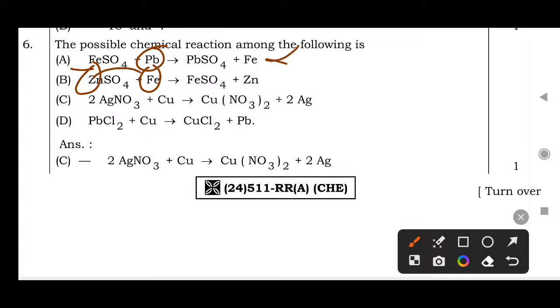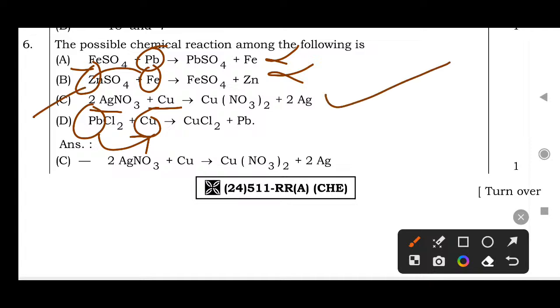That's why it's also not possible. Then if we take lead, it is less reactive than copper. That's why displacement here also does not occur. But compared to silver, copper is more reactive. More reactive elements displace less reactive elements. That's why answer C, right answer.